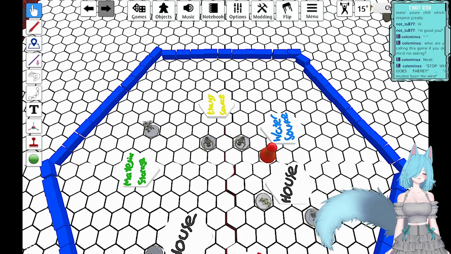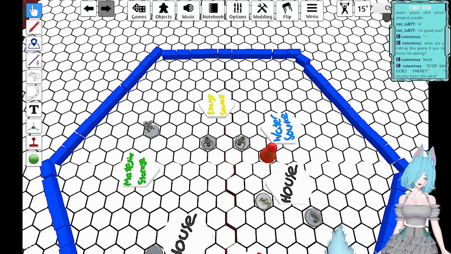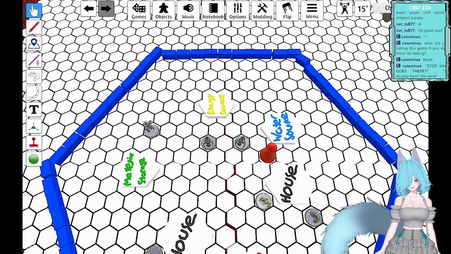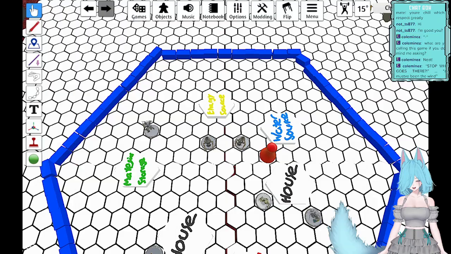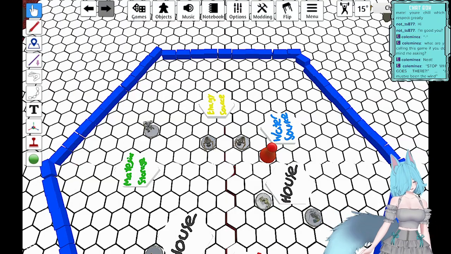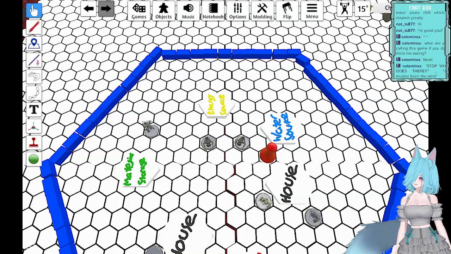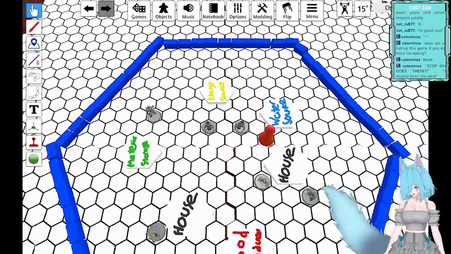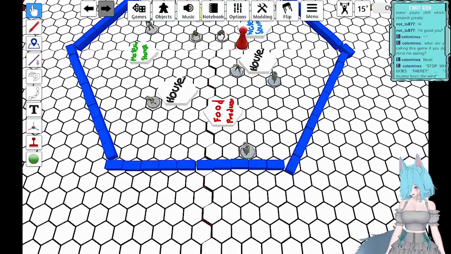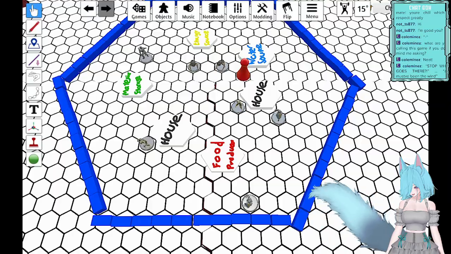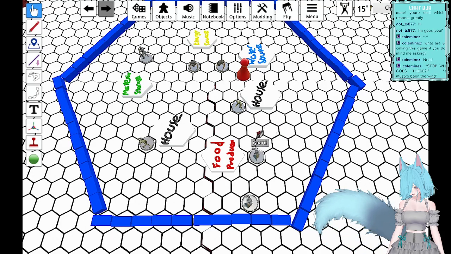Must have been the wind indeed. Then this guy, he actually is not looking at a wall, so he's gonna keep walking. 1, 2, 3, 4.